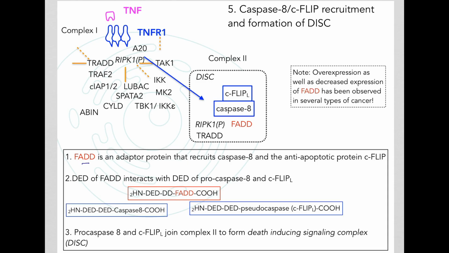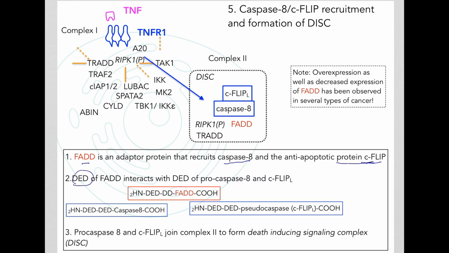Now FADD is an adapter protein for caspase 8 as well as the protein CFLIP. We'll talk about this CFLIP in a few minutes. So now we have the DD of FADD.